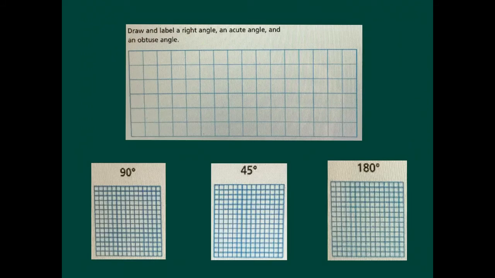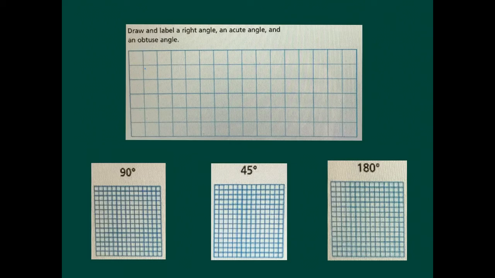Now on this slide, I'm going to get some practice actually drawing and labeling some angles. So this first direction says draw and label a right angle, an acute angle, and an obtuse angle. So I'll go right in order, and I will start with the right angle. Now remember, a right angle forms a perfect perpendicular angle, so where it's 90 degrees.